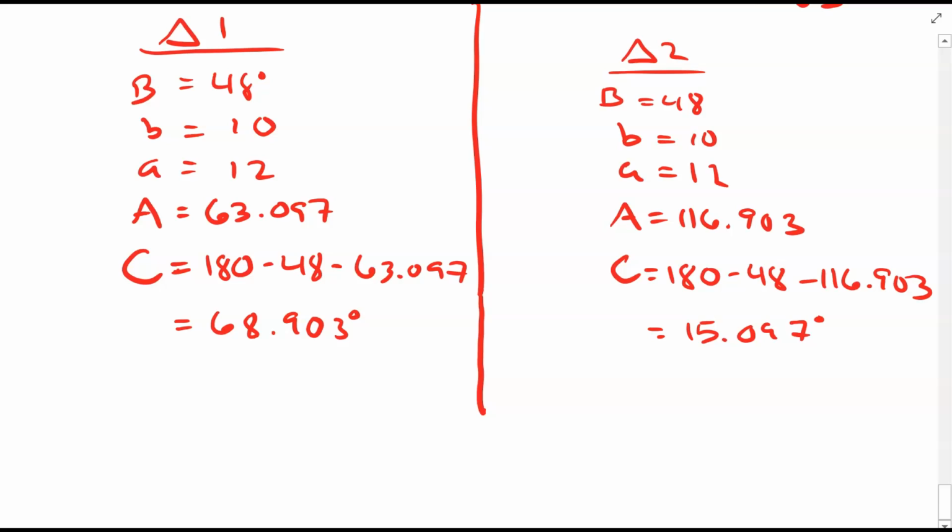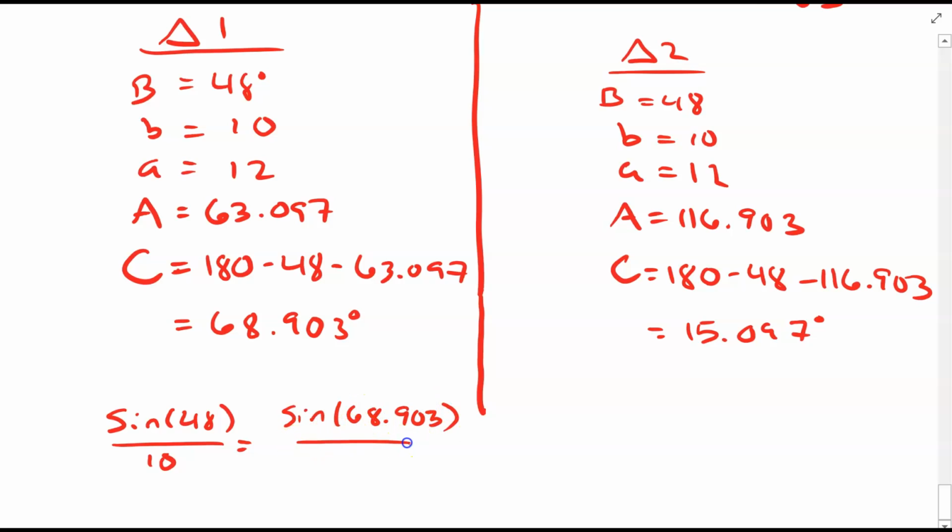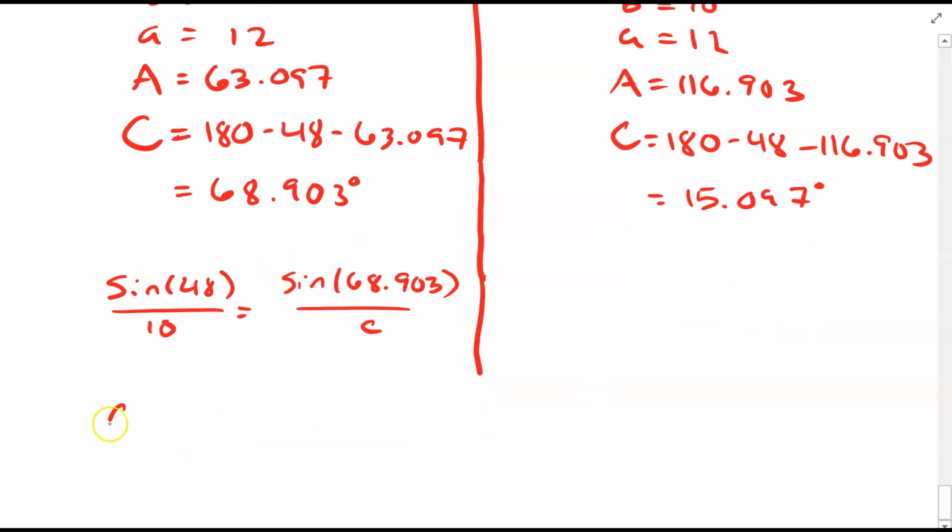To do that, I'm going to use the law of sines. So I'm going to use sine B over B. I chose to use B instead of A because there's no rounding in B. And then I'll have sine of 68.903 over C. Now, I can't avoid having to use a rounded answer there, but it's the best I can do.